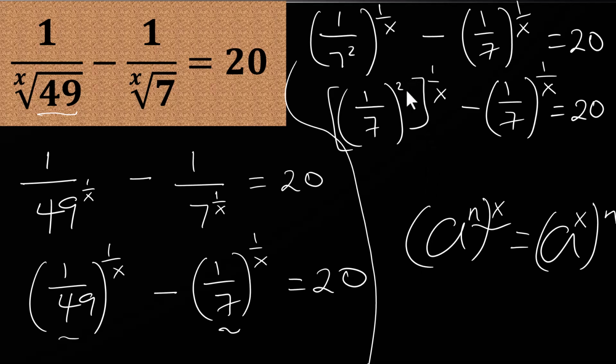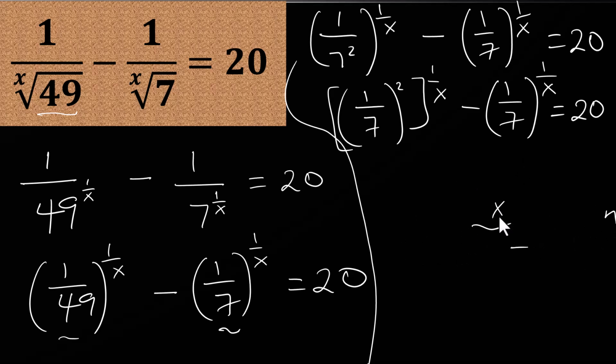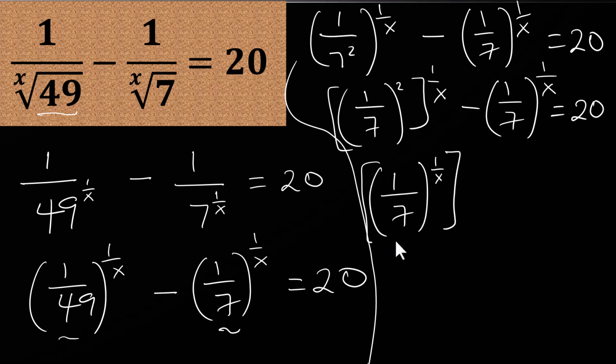We want the 2 to be here and we want this 1 to be here so that we can take it out. So we can say 1 on 7 raised to 1 on x, and we have everything to the power 2 minus 1 on 7 all raised to 1 on x equals to 20.